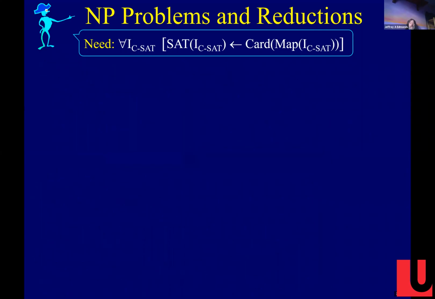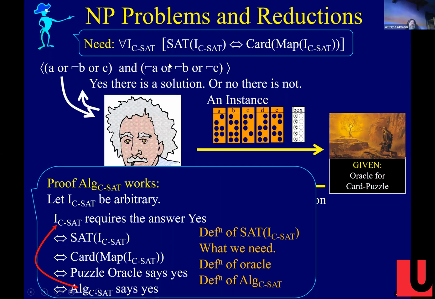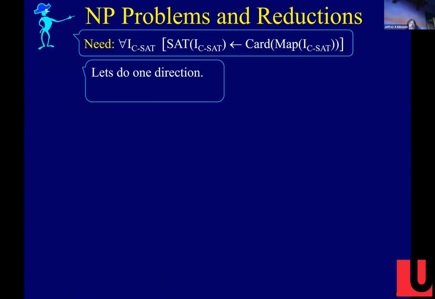All right, so this is an if and only if, so really we would have to prove it in both directions. It's actually pretty easy that the if and only if goes in both directions, but the standard thing is we just go in one direction. We have to go in both directions, but we're going to do one of them.